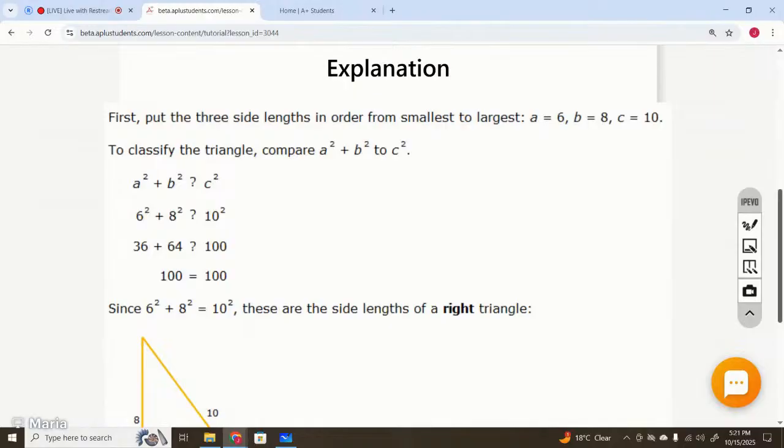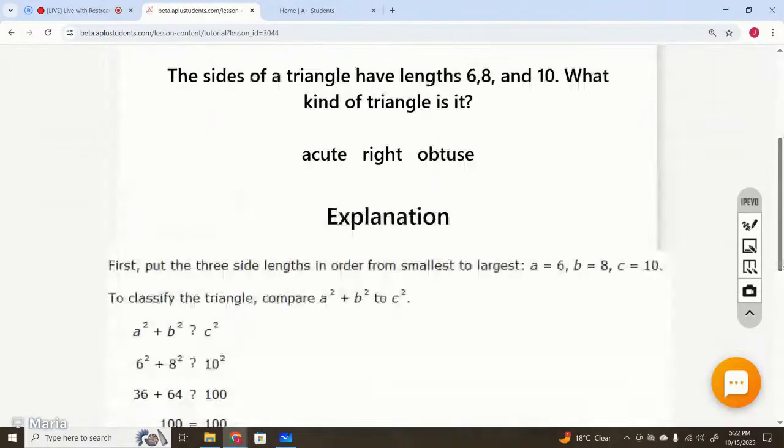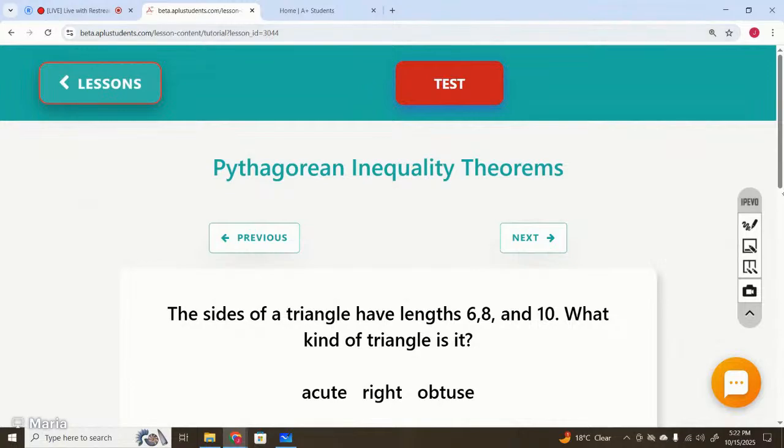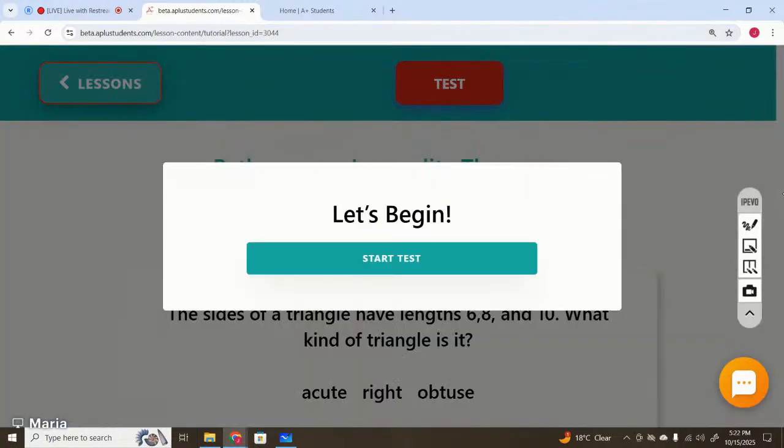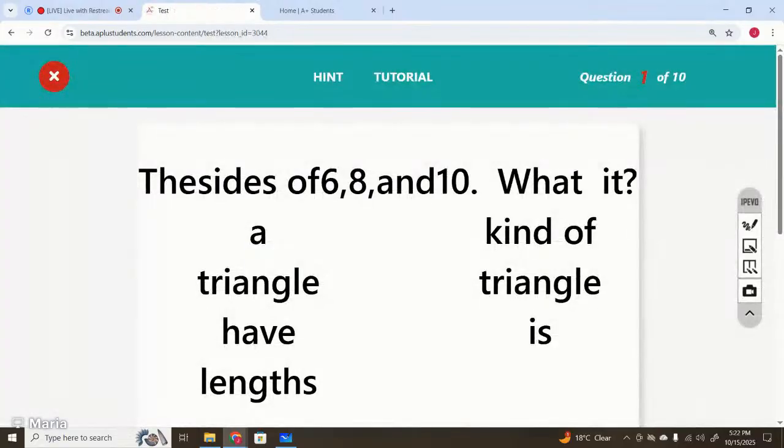So the given one is a right triangle, but if the sum of the other two sides is greater than... let's just do an example and I will explain. The sides are 6, 8, and 10, right?